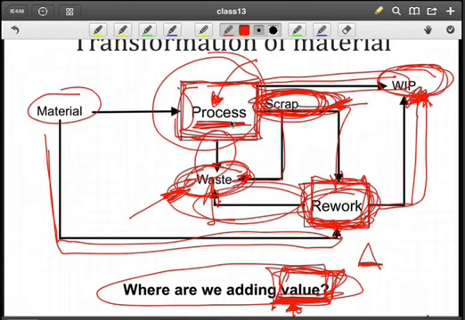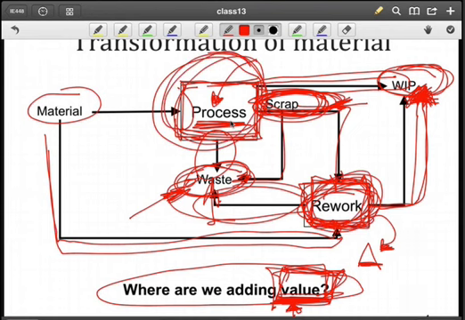And at this stage, what we're trying to do is create this delta that will bring us back to the intended value that we wanted to produce in our process. So it turns out that in our process and in rework, we are actually creating value for our product. Now, you might hear people say that rework does not add value, but that is incorrect.